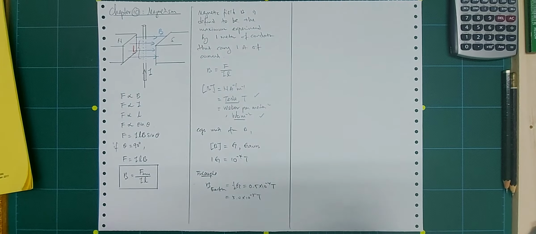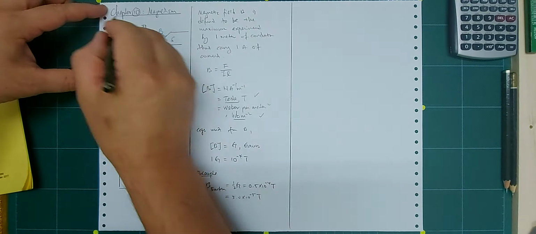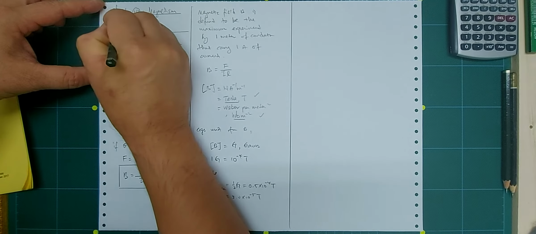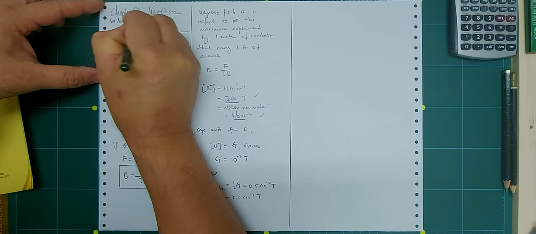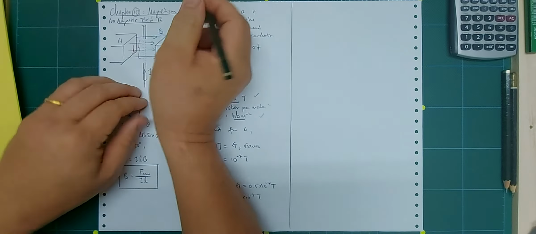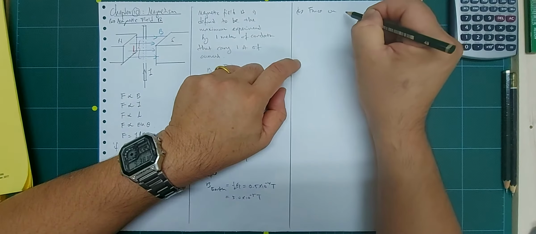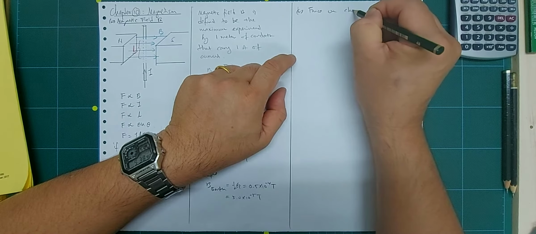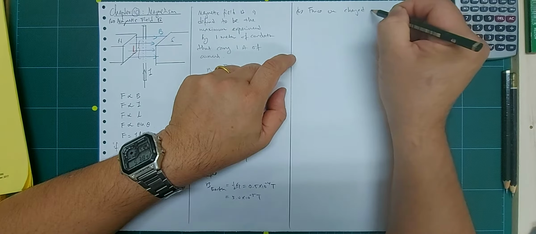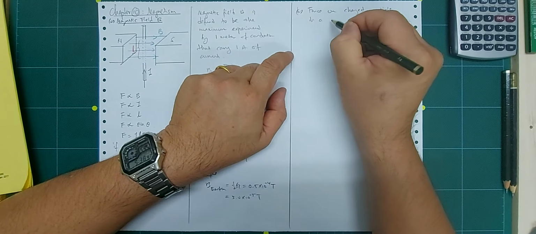Now we want to look at the force on a conductor, or sorry, the force on a charge. So first, this part here, A, is magnetic field B. Now the next one is the force on a charged particle in a magnetic field.